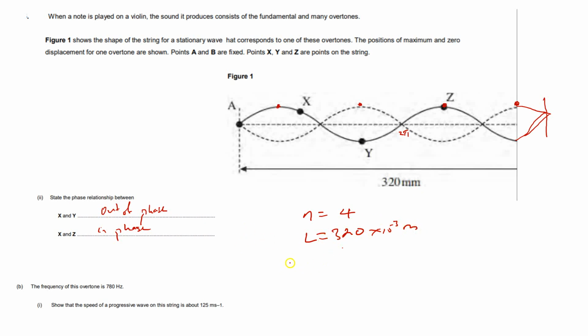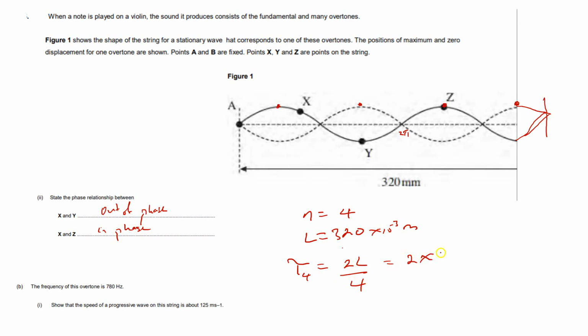Then from there, we could find the wavelength. The wavelength when n is equal to 4 is equal to 2 times L divided by 4.